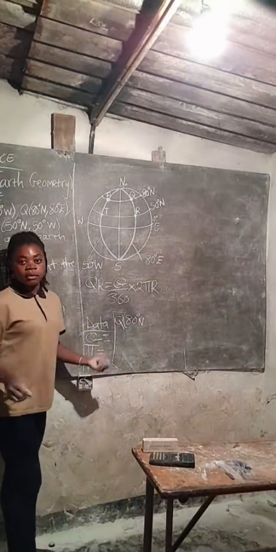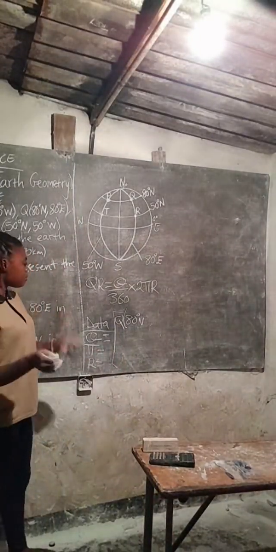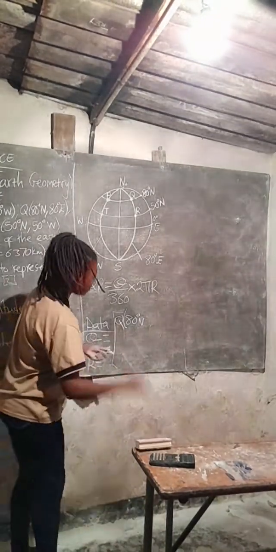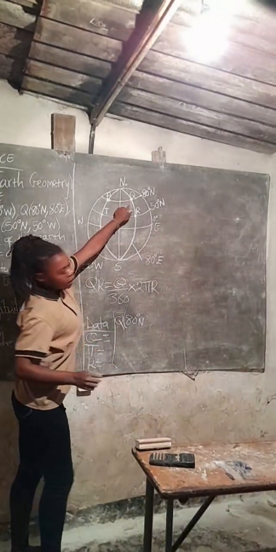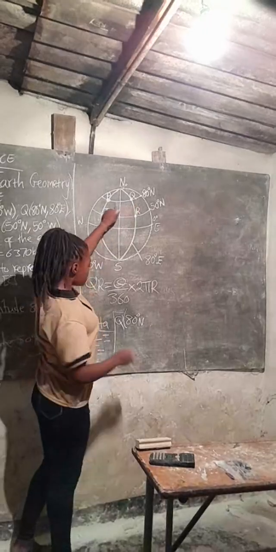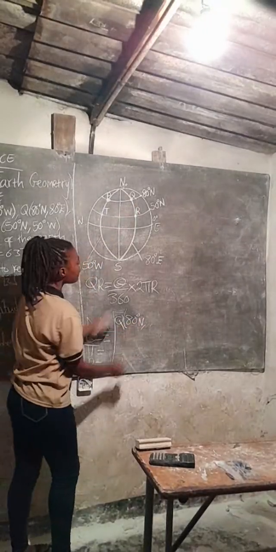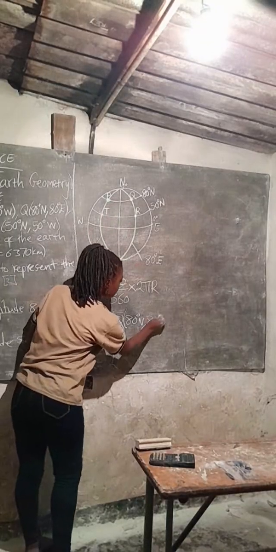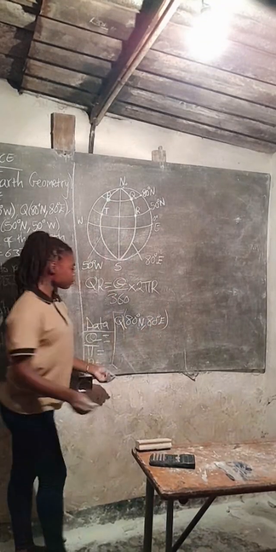So if you don't know what we mean by saying they're on the same longitude, you just simply collect the points. So Q, you locate the point, it is on latitude 80 degrees north, comma, this longitude, which is what? 80 degrees east.